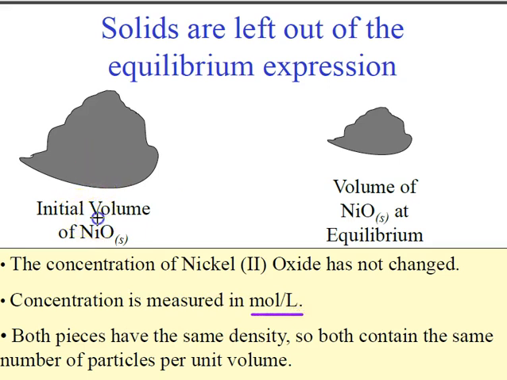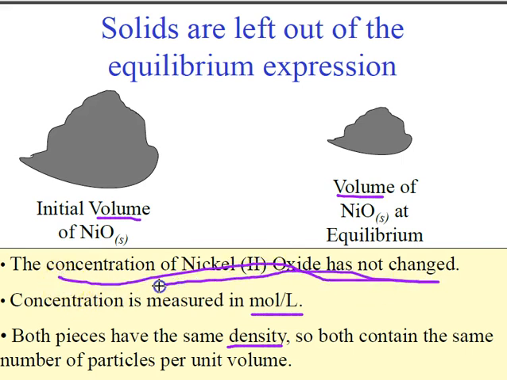So the liters, the volume, went down, but so did the moles, right? So the moles per liter, or the concentration, hasn't changed. Both pieces of nickel oxide would have the same density, so both of them would have the same particles per liter. So therefore, the concentration of a solid does not change.